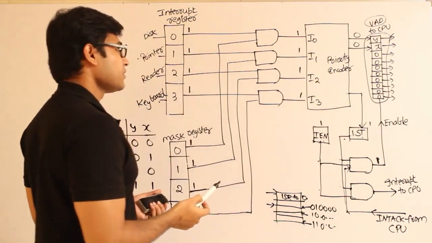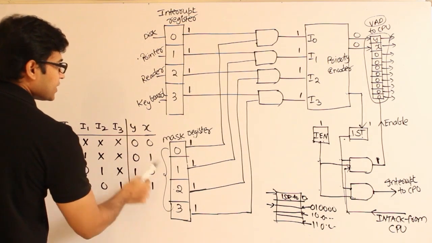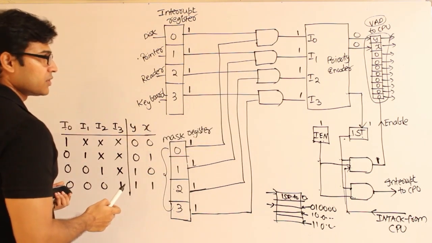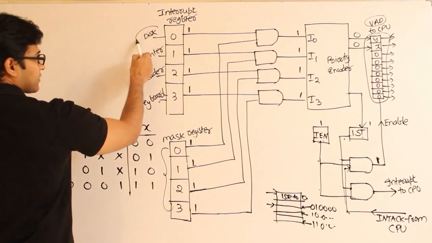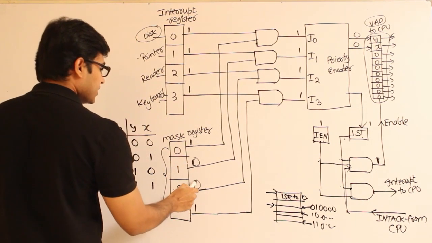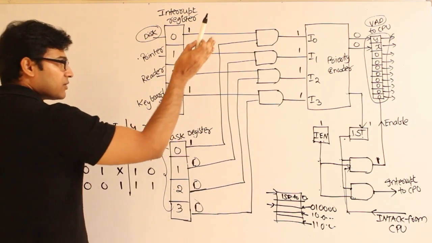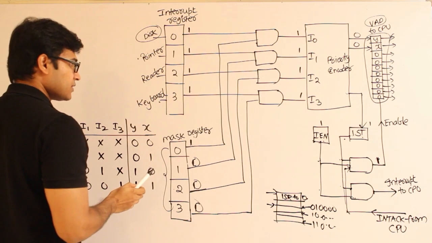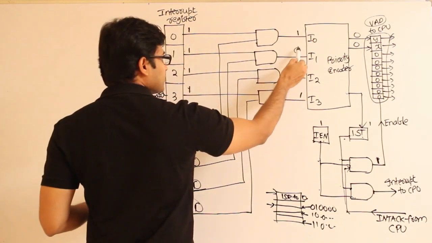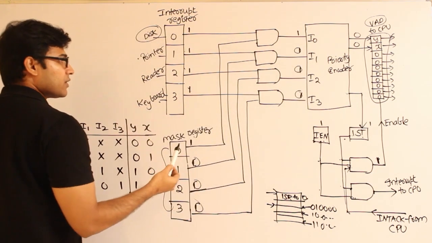The first step of that interrupt service routine will be to set the mask appropriately. If the interrupt service routine is servicing disk, then it will try to make this one 0, this one 0, and this one 0. So till that interrupt is serviced, whatever happens, these bits will always be zeros, which means no one can interrupt.